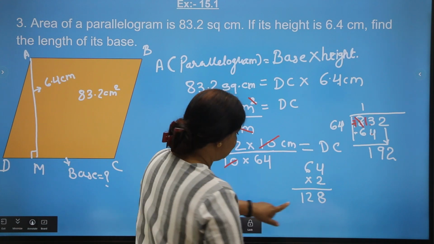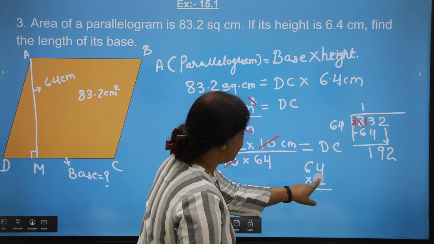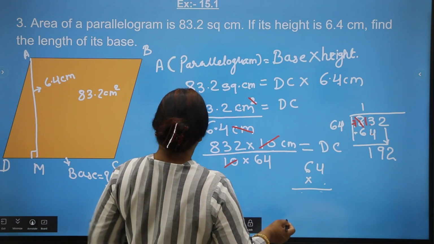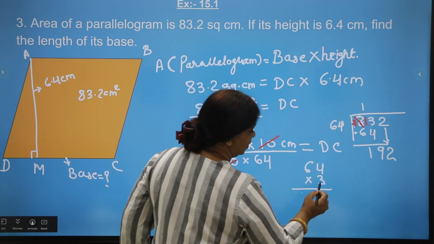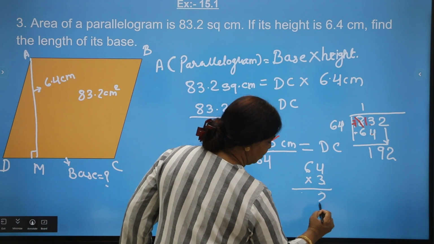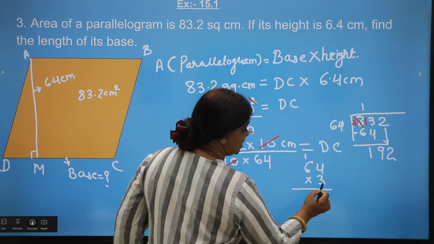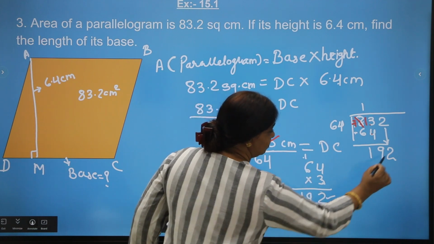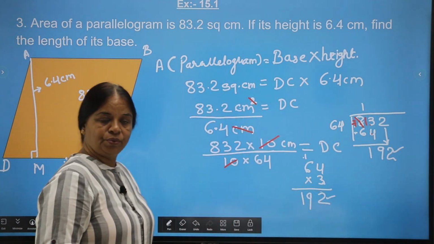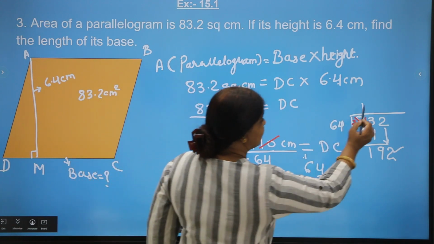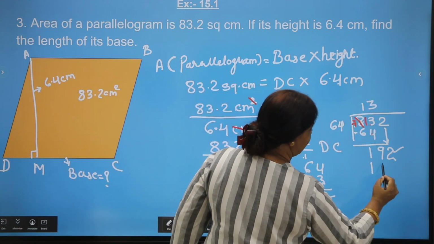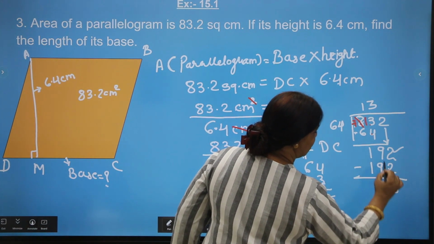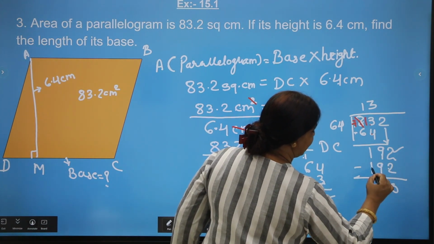So let's take 3s. 3 4s are 12, carry 1, 3 6s are 18 plus 1 is 19. Oh, we got the same number, 192. Okay, so 64 3s are 192, minus 2 minus 2 is 0, 9 minus 9 is 0, 1 minus 1 is 0.